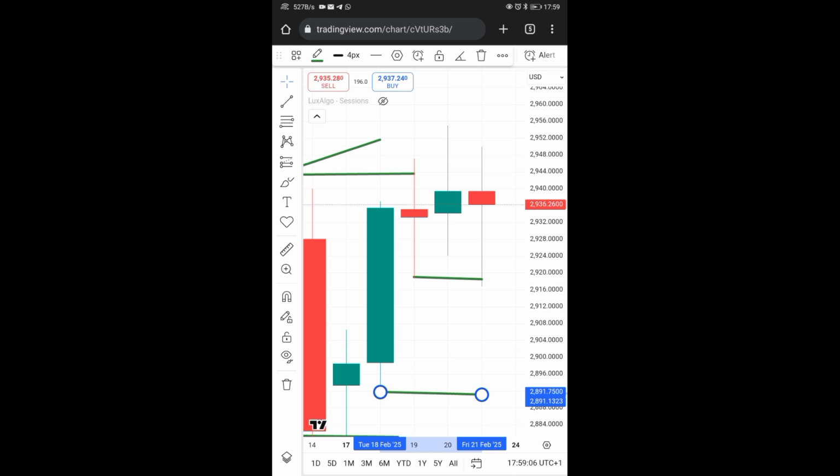Whenever we are taking our trade, we are targeting any liquidity level on the chart, and the one I like targeting is the Asia range low or the previous day low. So these are the two things we are targeting. So let us go to our M5 to look for an entry.